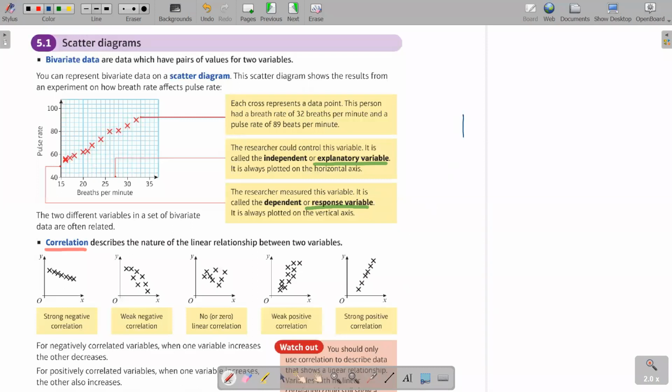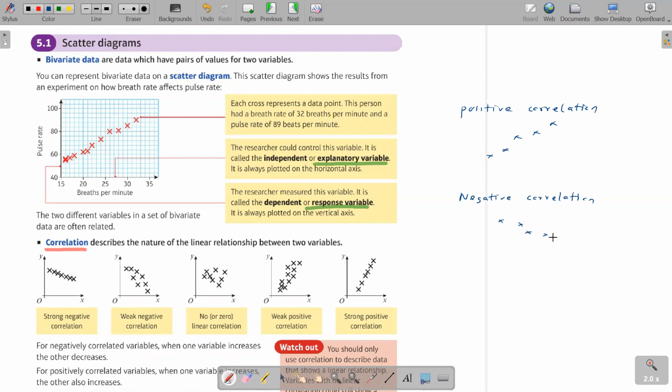Basically, positive correlation is when you have a positive gradient, right, guys? So a positive correlation means your graph is trending upward. Are you with me? Your graph is trending upward. Negative correlation means your graph is trending downwards.